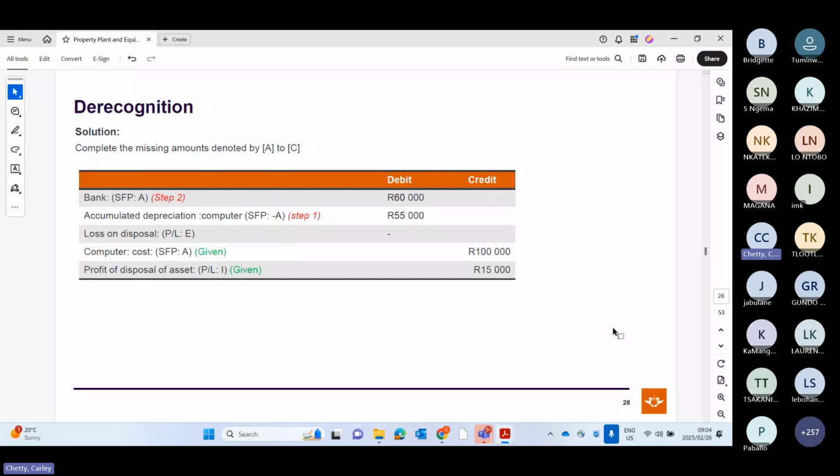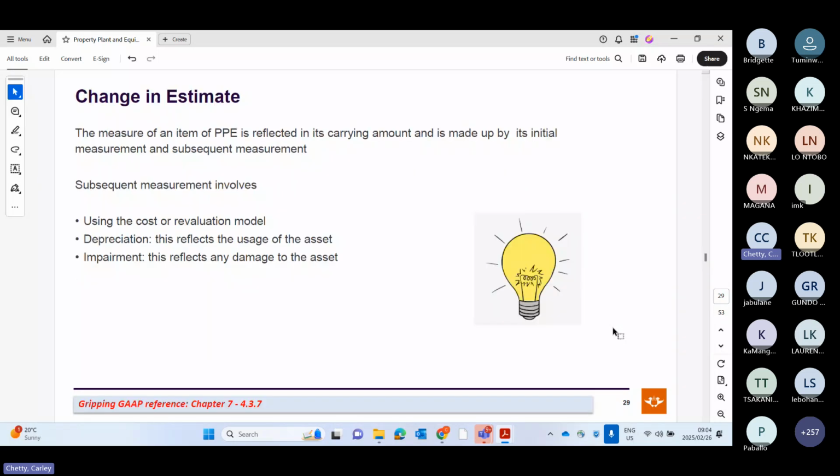Now we need to go through something which is new to you. This is change in estimates. So the measure of an item of property, plant, and equipment is reflected in its carrying amount and is made up of its initial measurement and subsequent measurement.